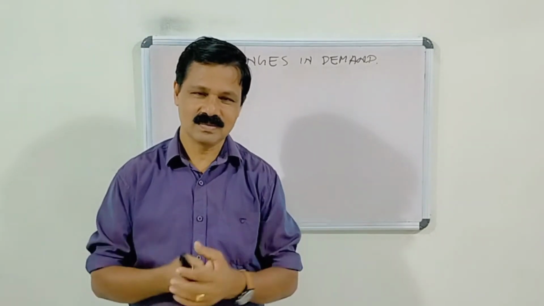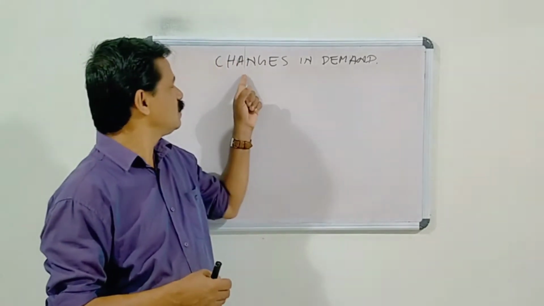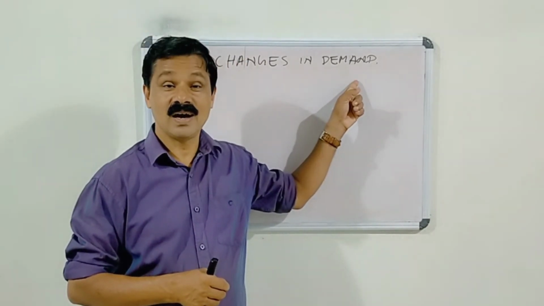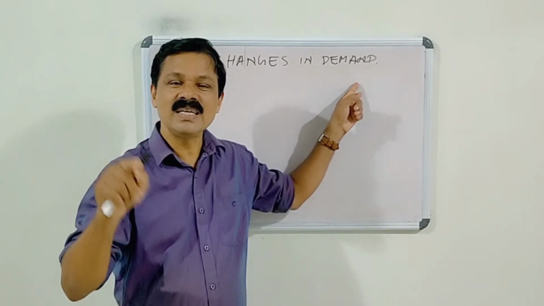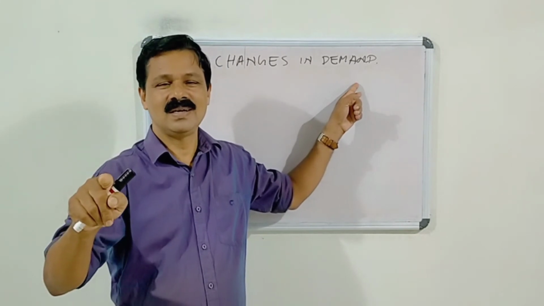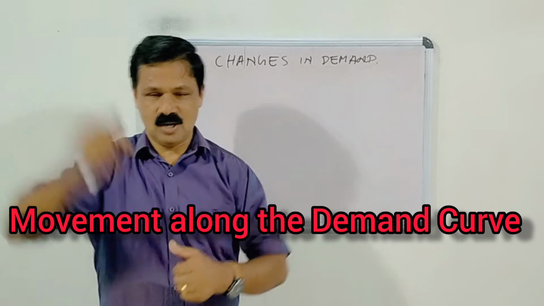Very simple. Here, we will discuss changes in demand. Changes in demand as a result of changes in the price of the commodity is called movement along the demand curve.